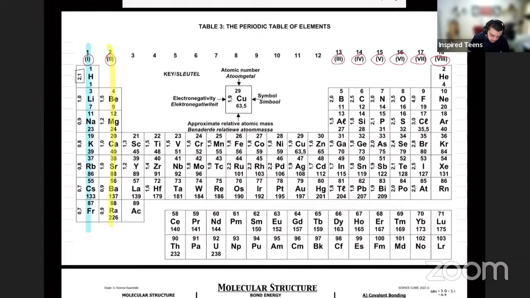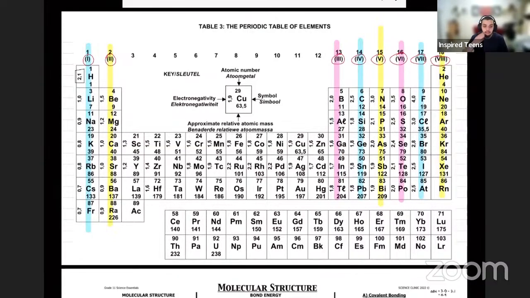All the elements in group 2 have 2 valence electrons. All the elements in group 3 have 3 valence electrons, and so on. These have 4, these have 5, these have 6, these have 7, and these have 8.